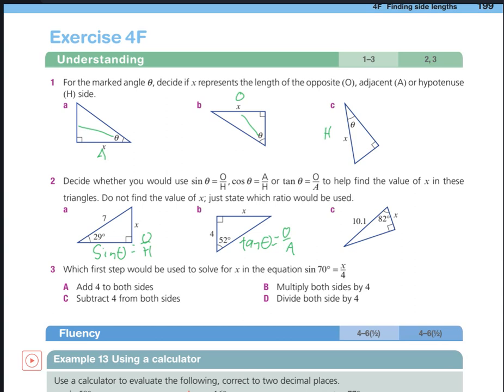And for C, we have the adjacent and the hypotenuse. That is A and H. That means cosine theta. One of each.